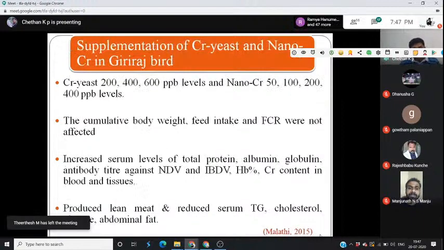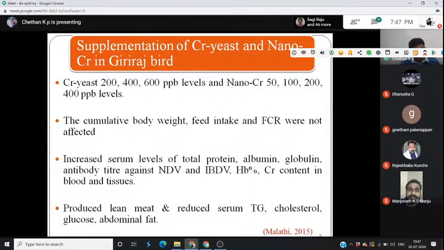Another study is supplementation of chromium yeast, which is an organic source, and nanochromium in Giriraja birds. This study was conducted by Malathi in the year 2015. This was her PhD thesis. The chromium yeast was supplemented at 200, 400, and 600 ppb levels, and nanochromium at 50, 100, 200, and 400 ppb levels.